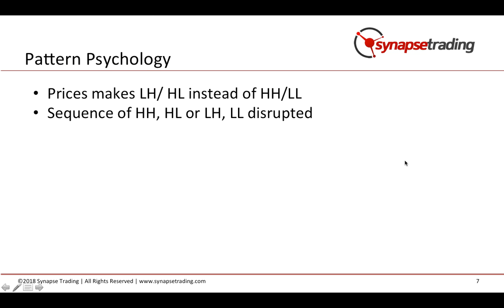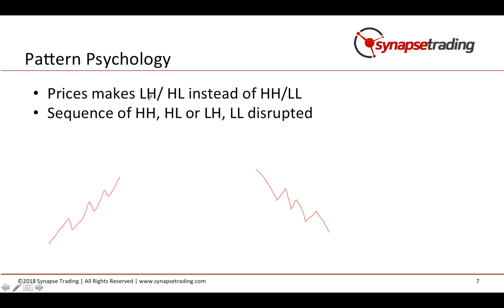Okay, so what is the psychology behind this pattern? Normally in an uptrend, prices make higher highs and higher lows, whereas in a downtrend, prices make lower highs and lower lows. But one of the easiest ways to tell when a trend is changing is to see when the sequence changes.